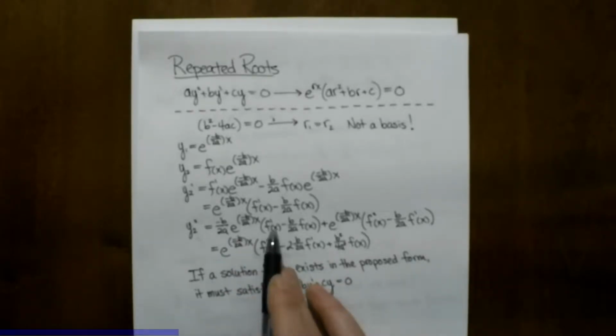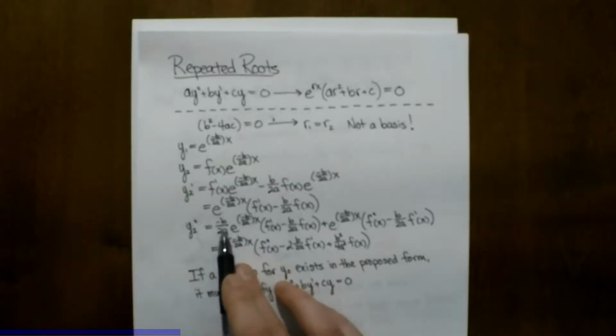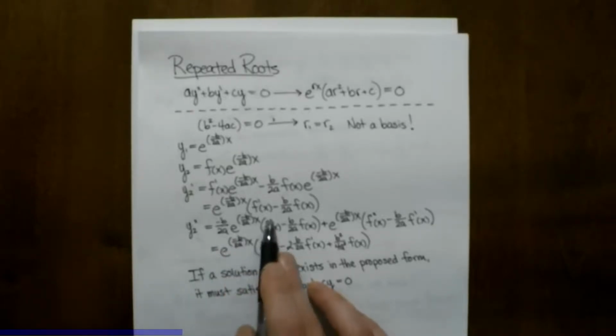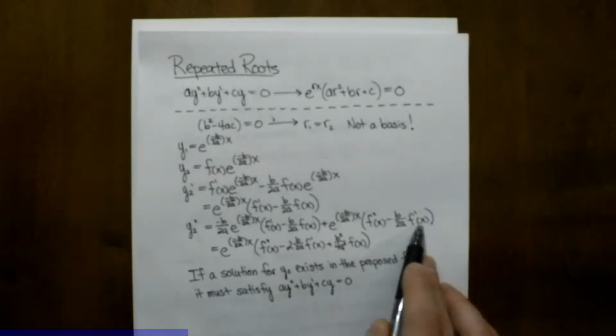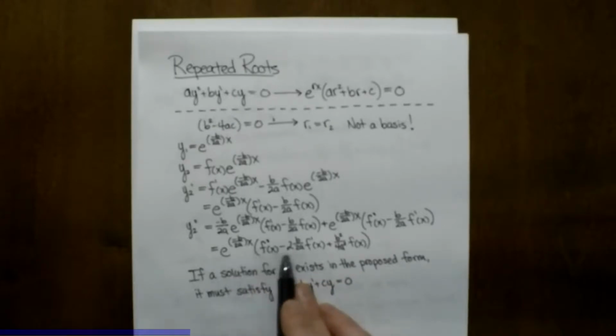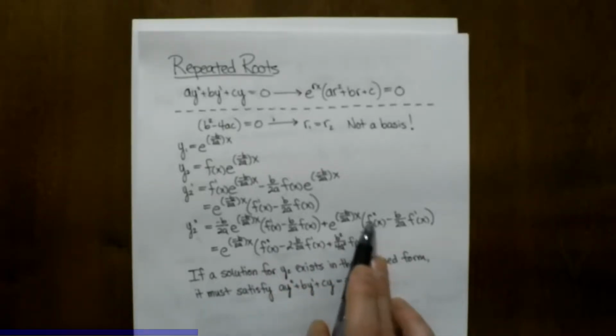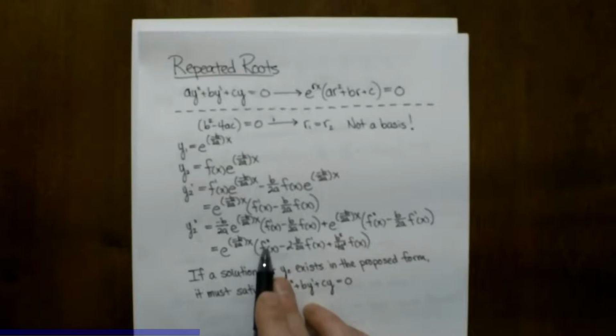And we do have some like terms. We have negative b over 2a of these f prime of x's here, and we have negative b over 2a of them over here as well. So we have in total negative 2b over 2a f prime of x. We also have 1 f double prime of x.